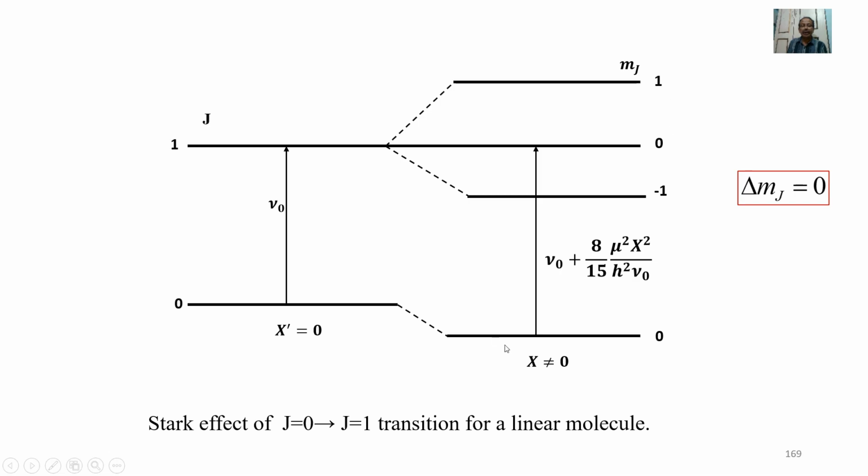And what are the transitions? Use the selection rule del mj equals 0. So we have only one line, the transition goes from 0 to 0. So we have only one line, which is nothing but mu naught plus a divided by 15 mu squared x squared divided by h squared mu naught.